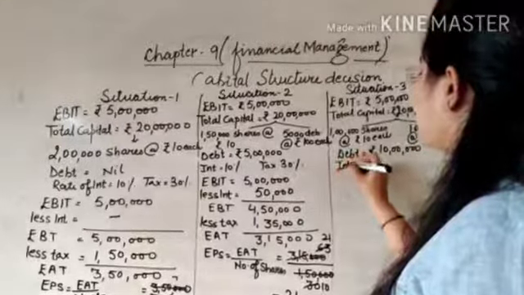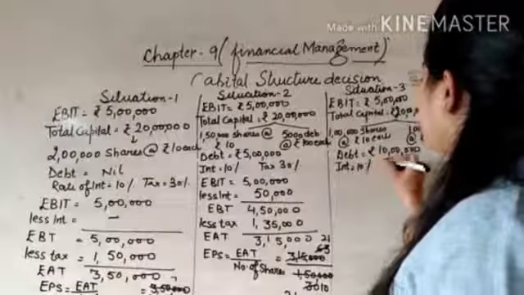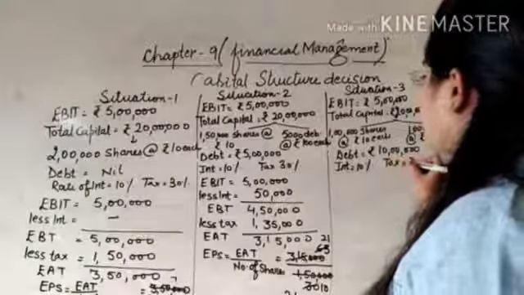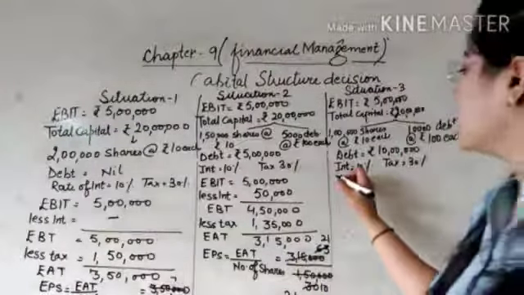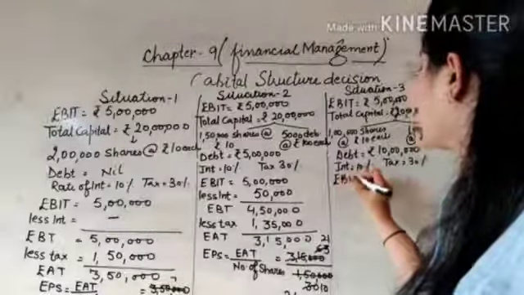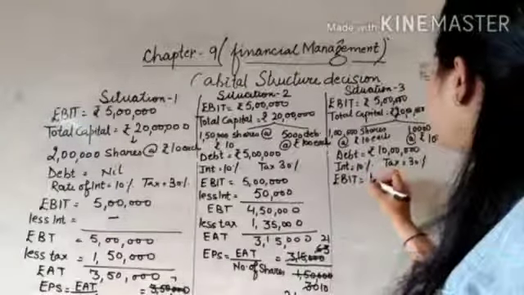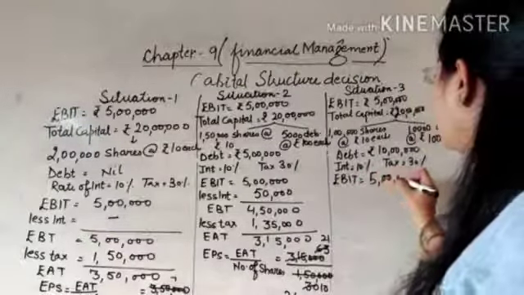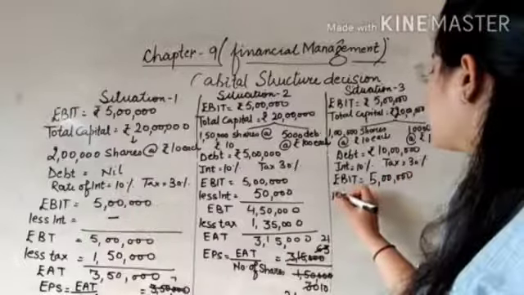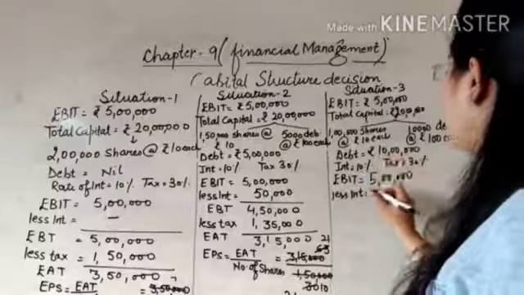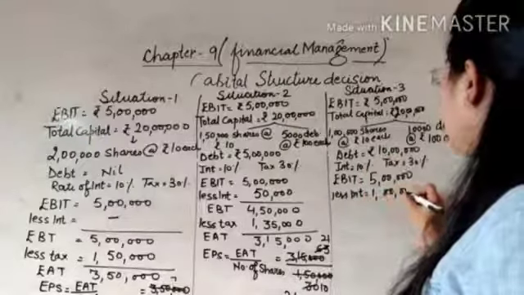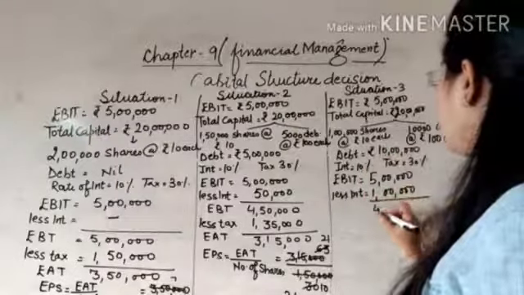Interest is 10%. Tax is 30%. EBIT 5 lakh. Less interest: 10 lakh at 10%, 1 lakh, it is 4 lakh.